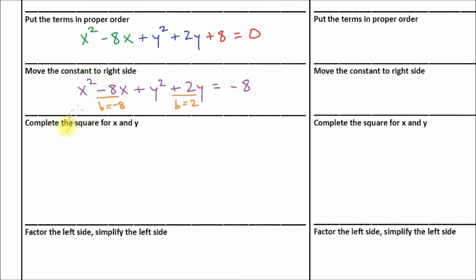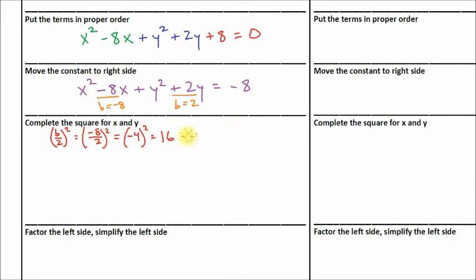We're going to find b over 2 squared for the x values. Our b value is negative 8, so negative 8 over 2 squared. Negative 8 over 2 is negative 4, squared, and that's positive 16.